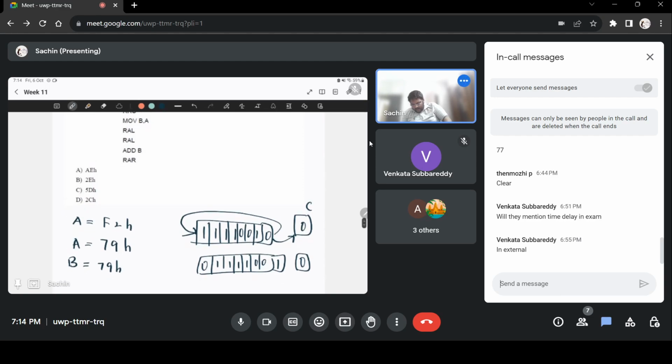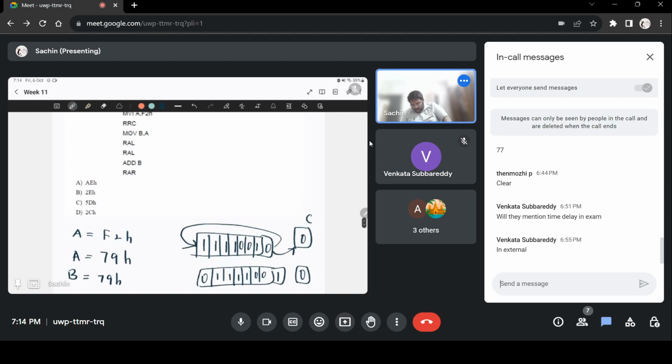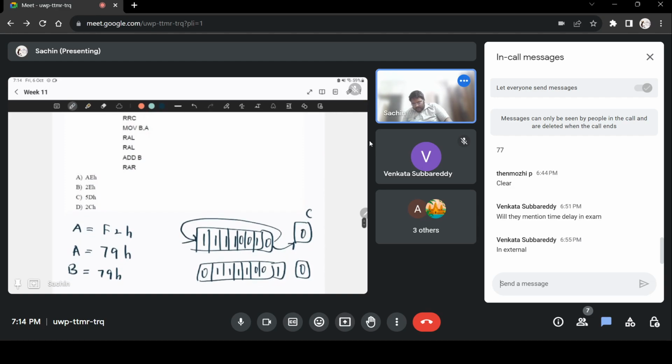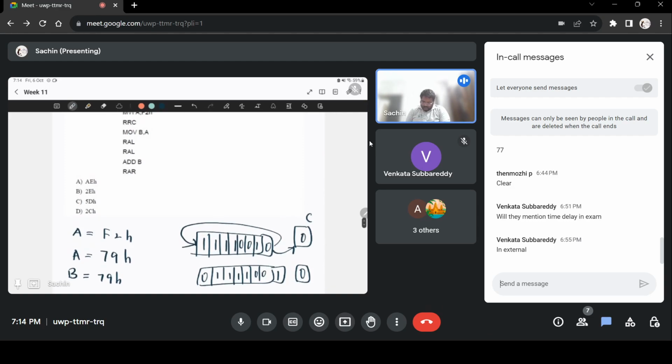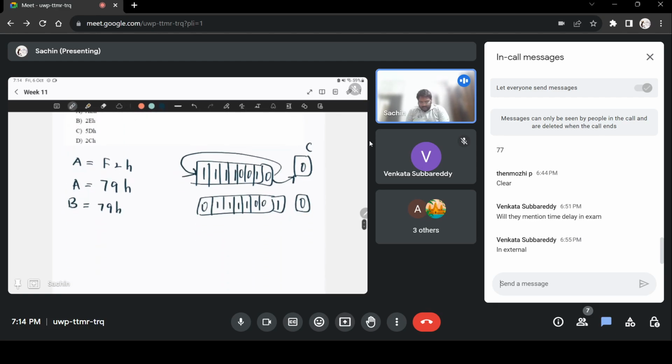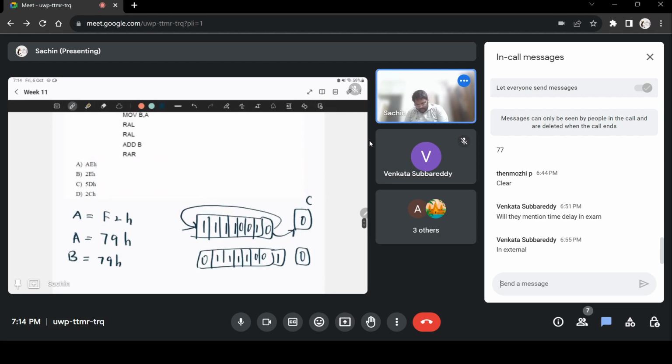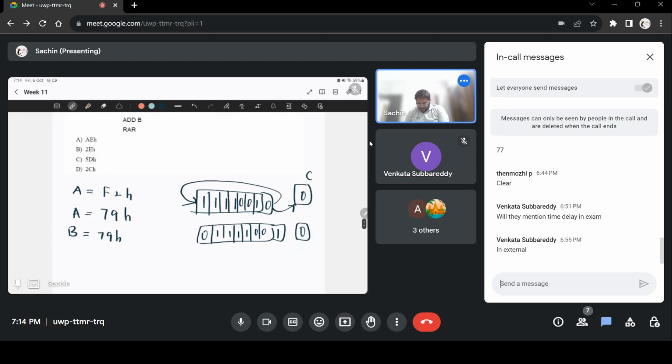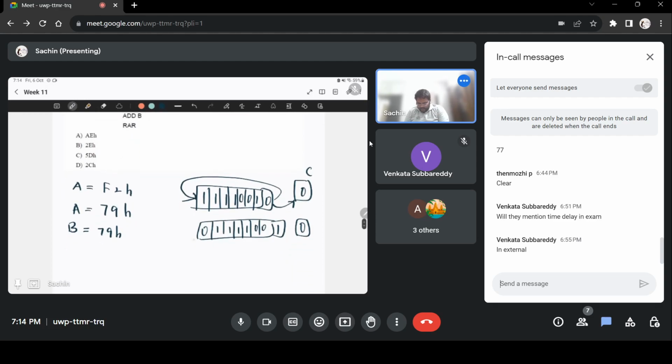RAL. Different from RLC or RRC, in RAL the carry is considered part of the number. For the first RAL, you would move the final bit to the carry, and the carry bit would be moved to the first bit.